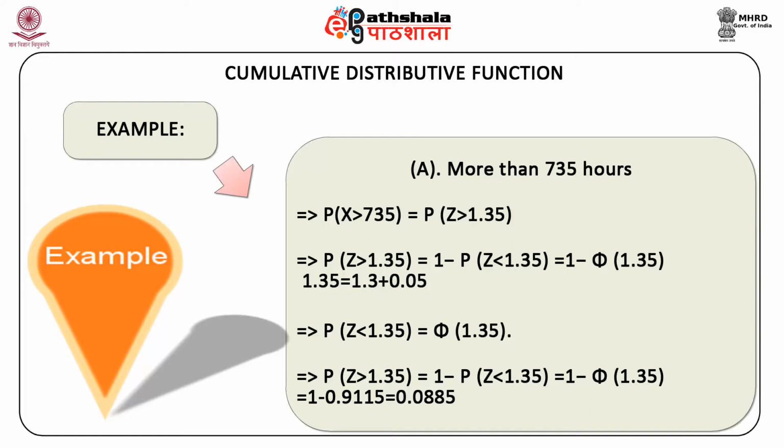Therefore, the probability that z is greater than 1.35 is equal to 1 minus phi in brackets 1.35, which is equal to 1 minus 0.9115, which is equal to 0.0885.